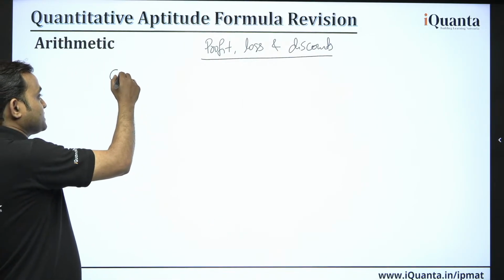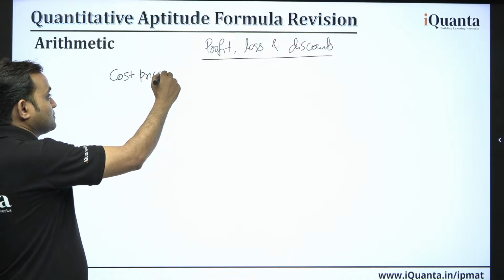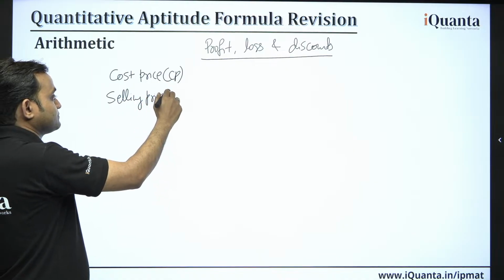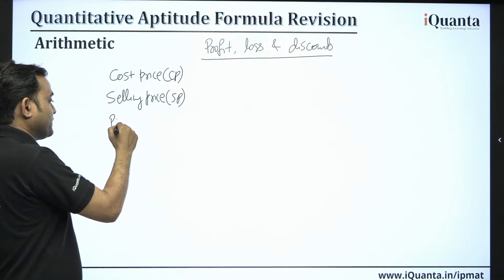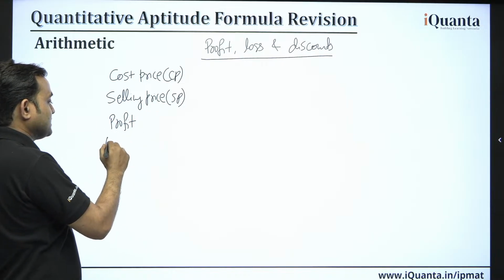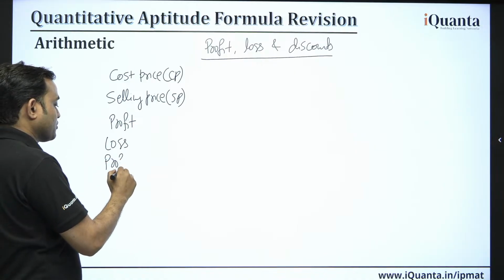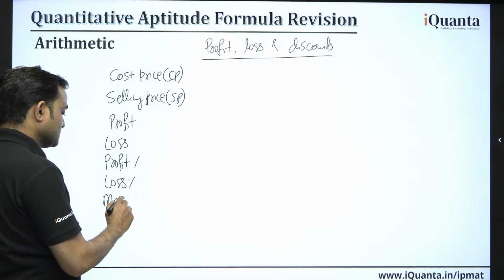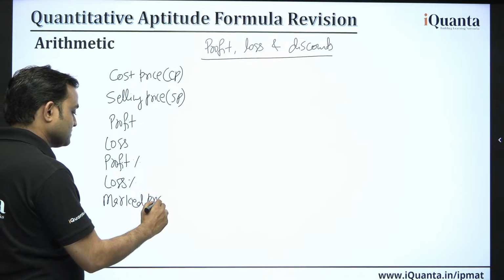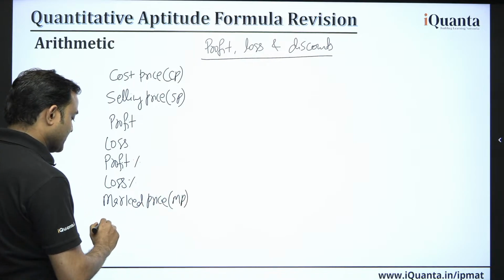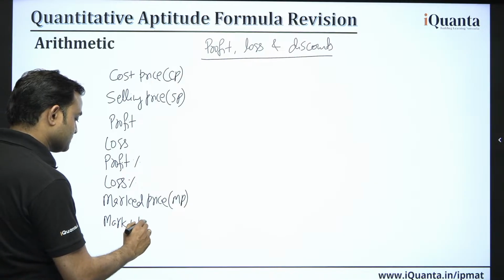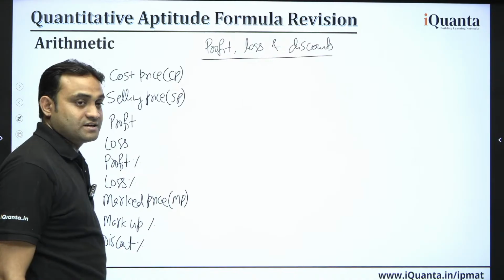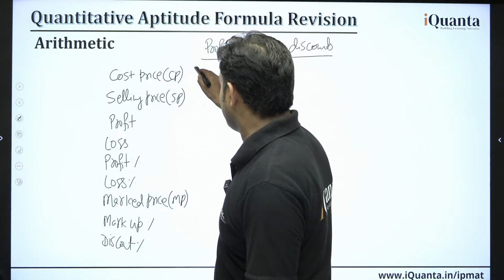First we need to learn cost price, okay, selling price, then we can say profit, then we can say loss, then we need to learn about profit percentage, loss percentage, then comes marked price, which is denoted by MP, then comes markup percentage, then comes discount, right? So how do we find the relation between these many keywords?